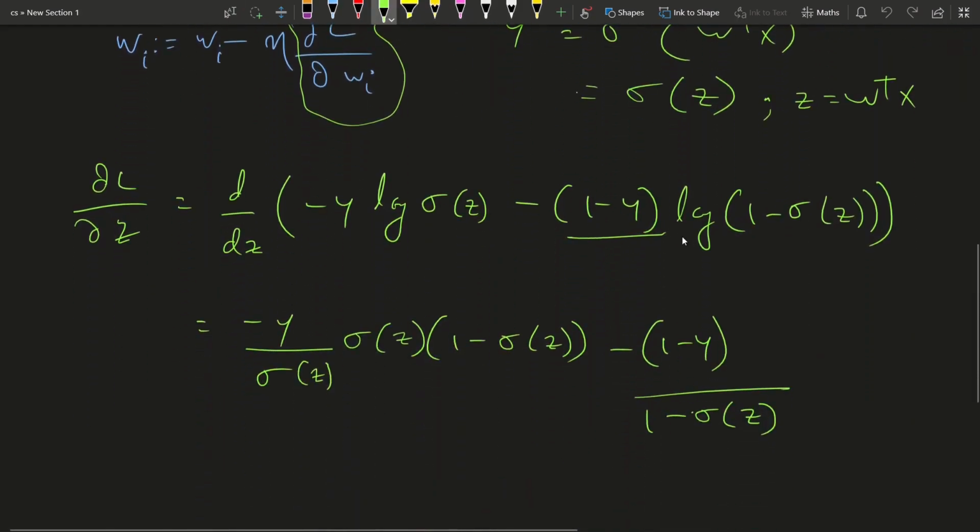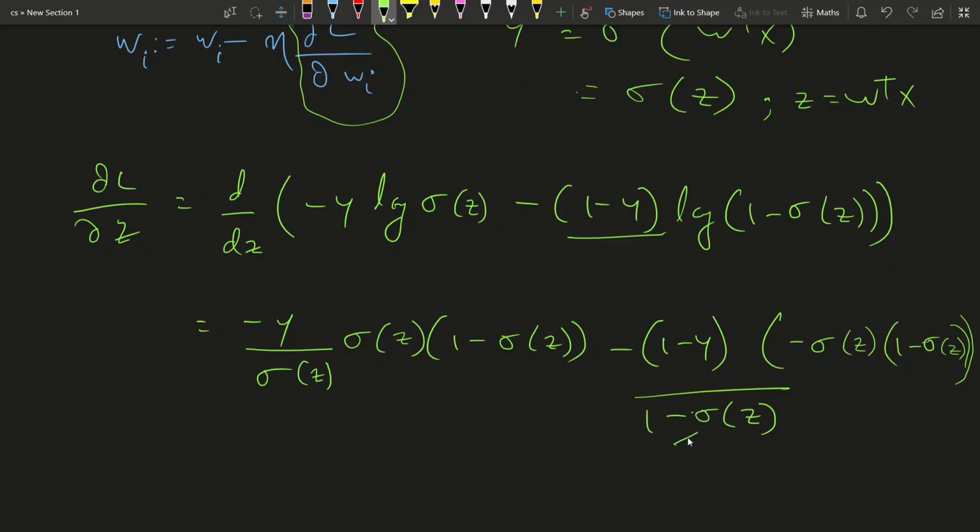So this entire thing, if I differentiate this with respect to z, then this will go to 0, minus, then this thing will be z times 1 minus sigmoid of z. So there is a minus over there.